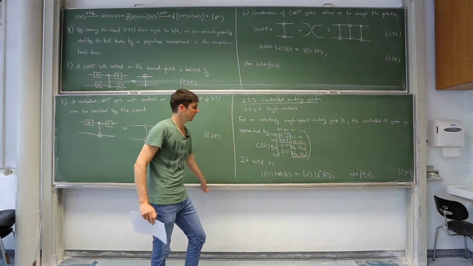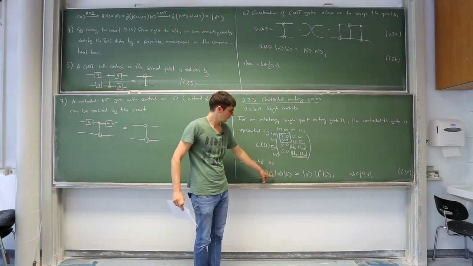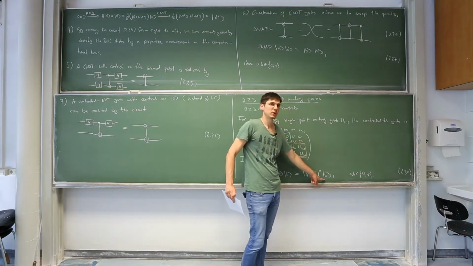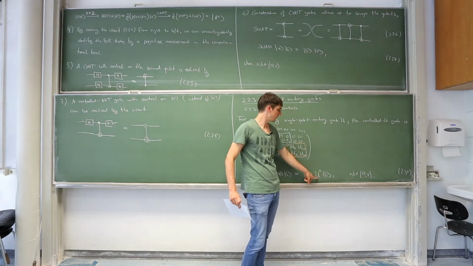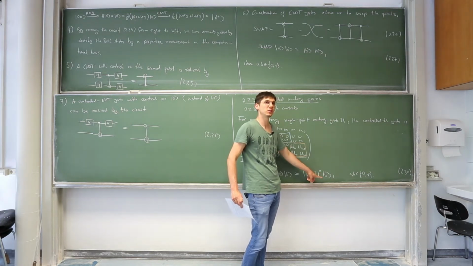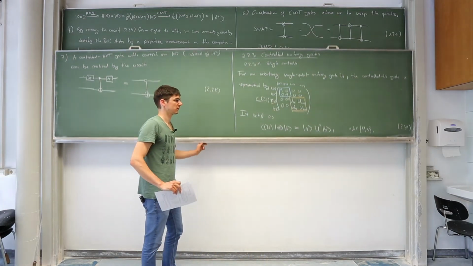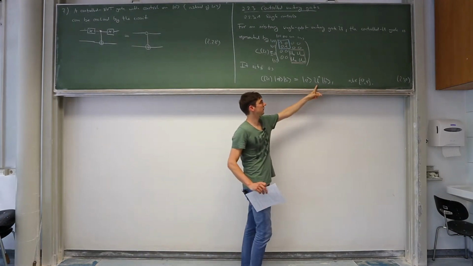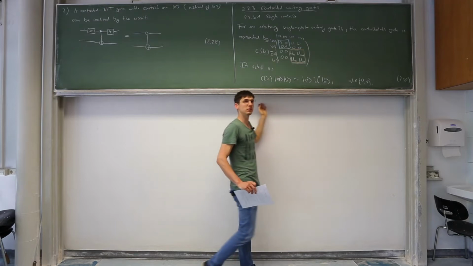So you see here that the controlled unitary performs a unitary operation on the second qubit only if A is equal to 1, right? Because if A is equal to 0, we have U to the power of 0, which is the identity. And if A equals 1, then we have U to the power of 1, meaning U, and then we perform this unitary on the second qubit.